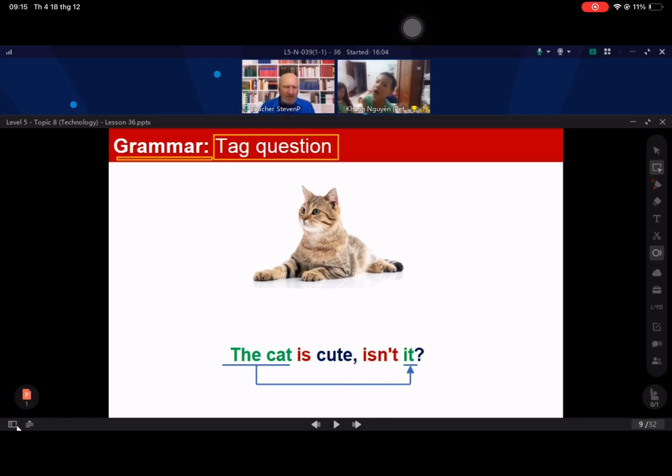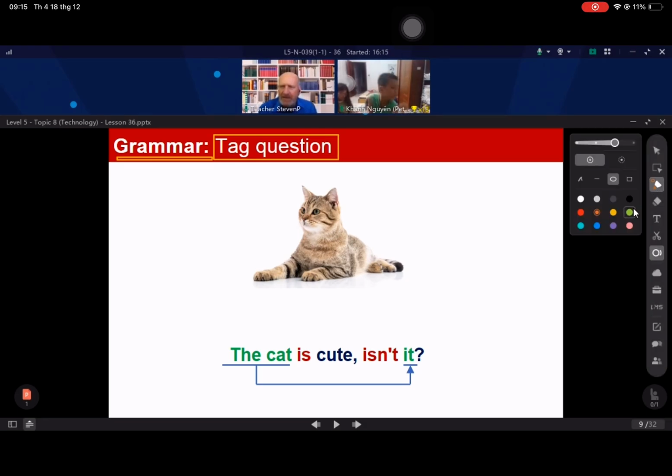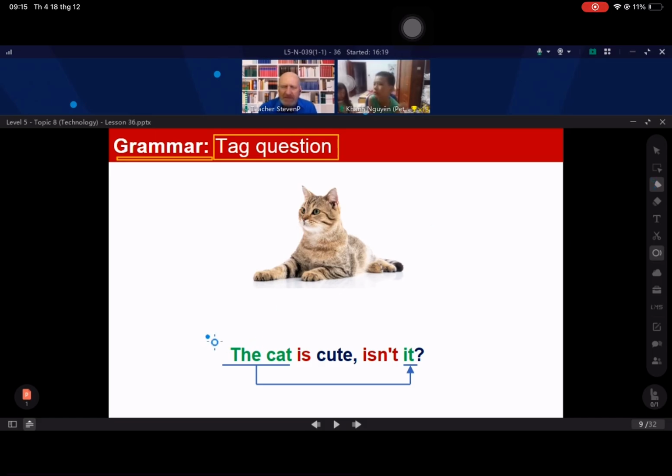Okay, so let's see if we can understand how this works. Firstly, the subject in the main sentence. Peter, what is the subject? Cat. The cat is the subject.